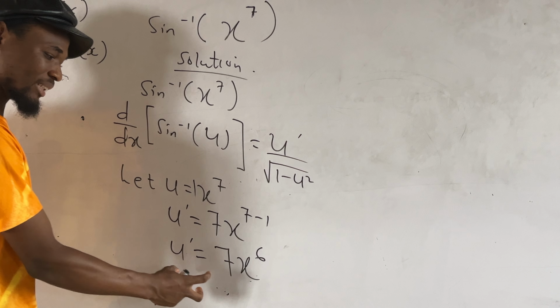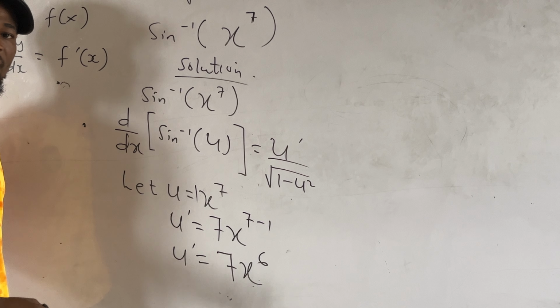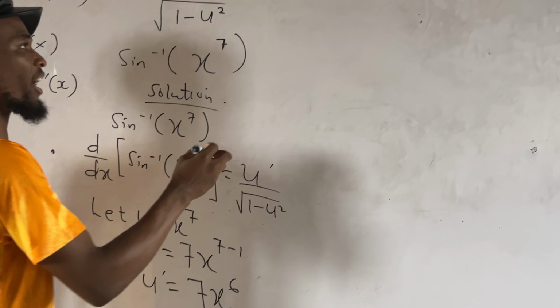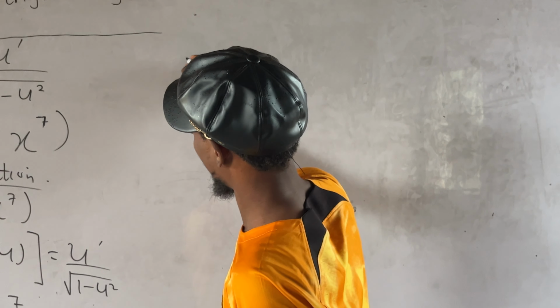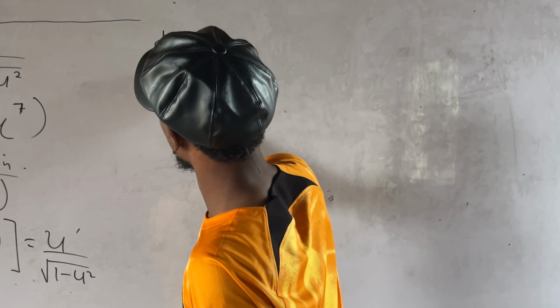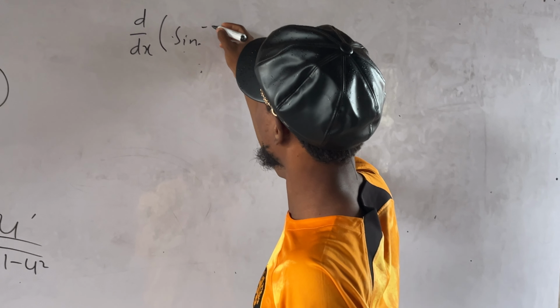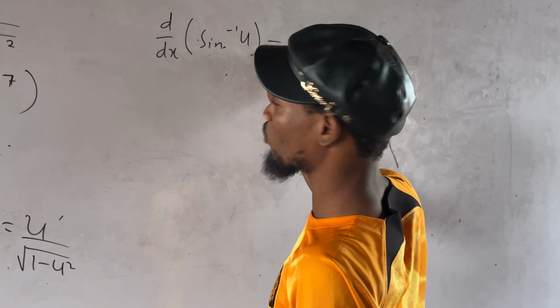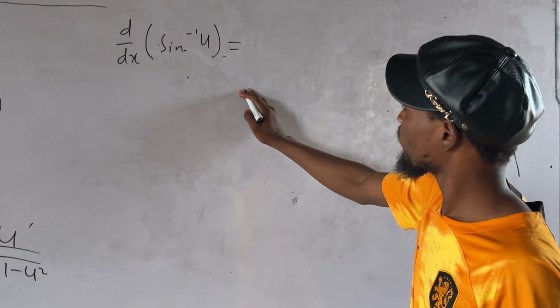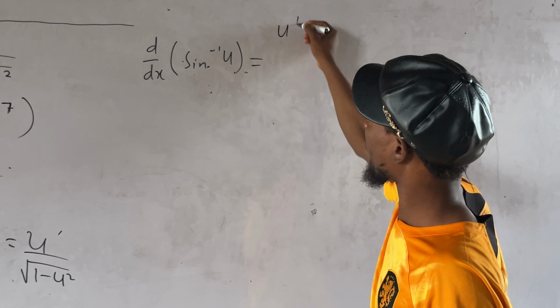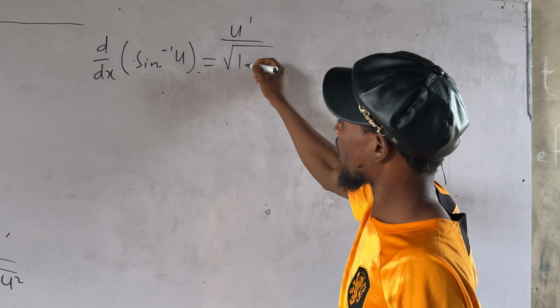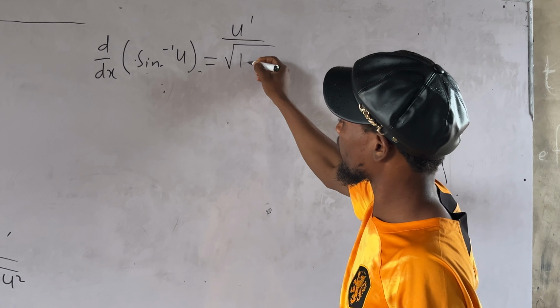So we are going to substitute this into the formula. The derivative of sine inverse of u is equal to, remember, u prime over the square root of 1 minus u squared. By substitution, what is our u prime?